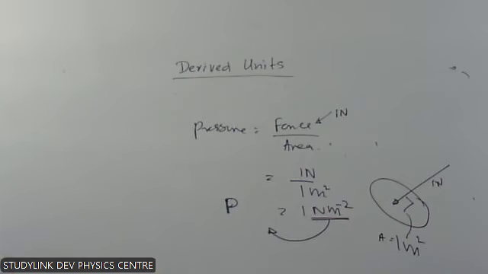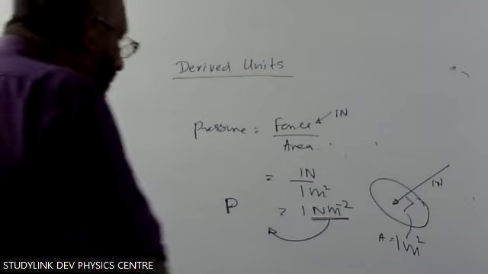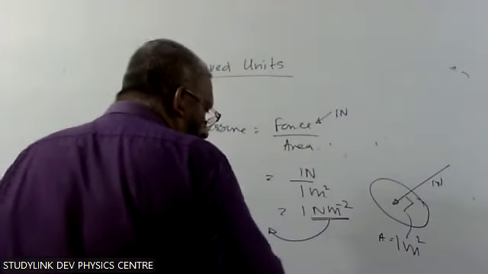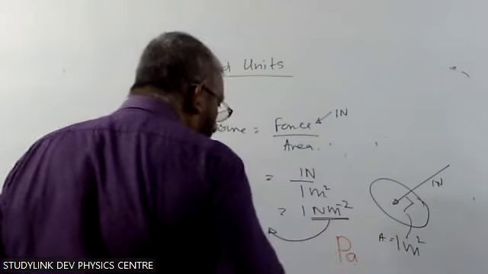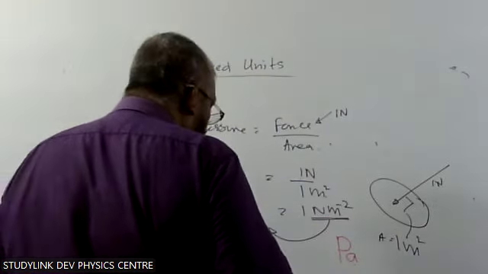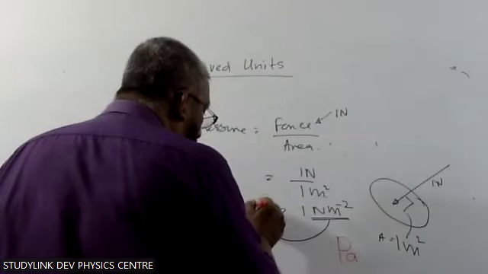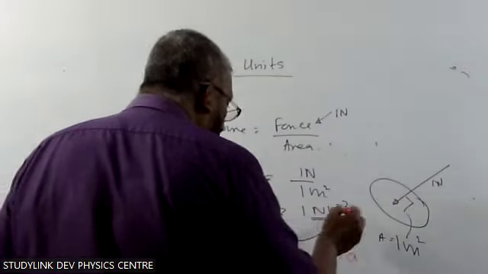Then the pressure is called a Pascal. That is 1 Pascal. Pascal is denoted by Pa, capital P, small a. So 1 Pascal, Pa, is equal to this.